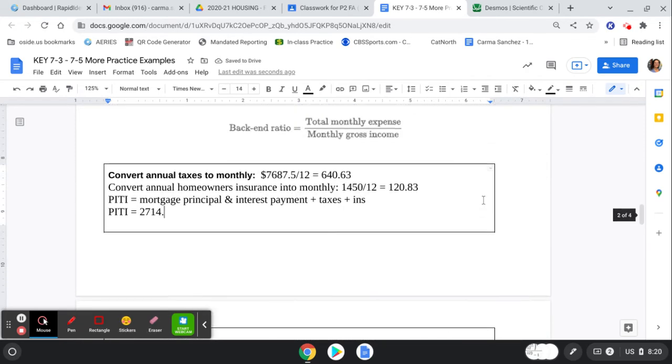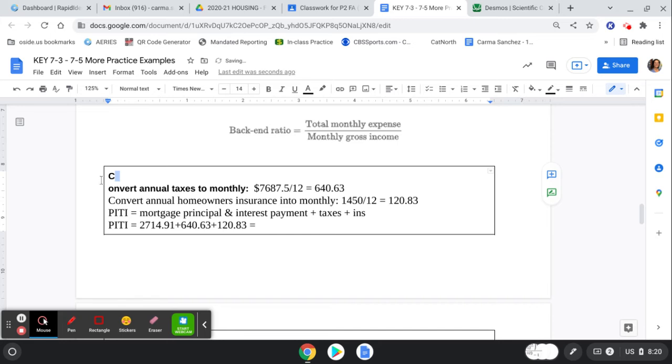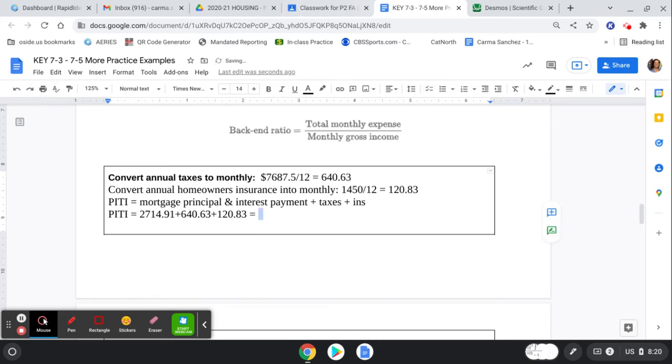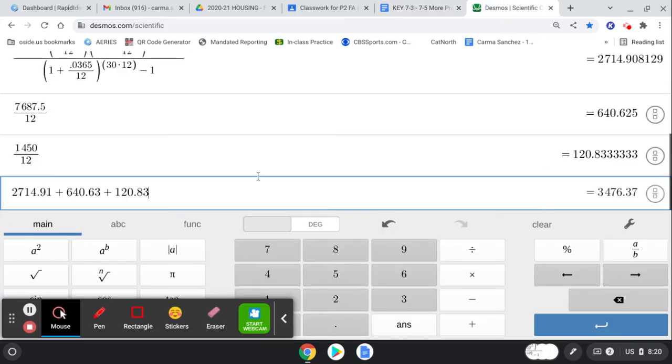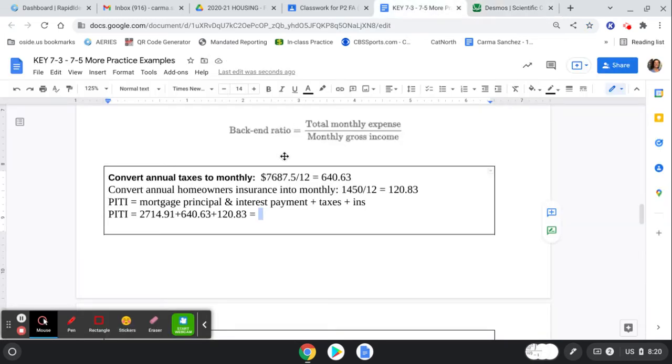And 91 cents plus $640.63 plus $120.83. Let's go add that all up to get our PITI. Okay, so 3,476 is our total monthly housing expense. You got to add all that up to make the housing expense.